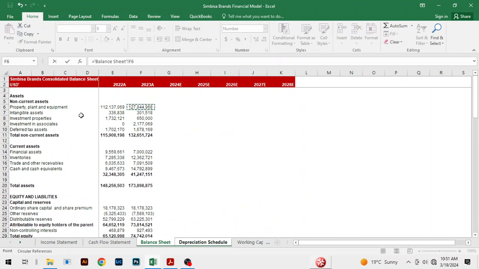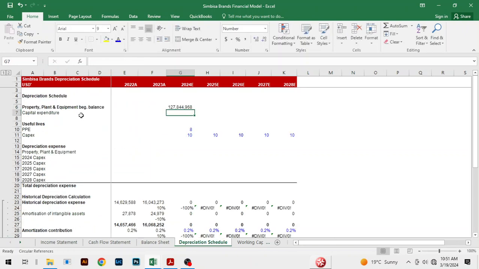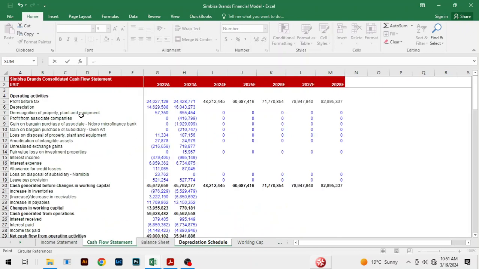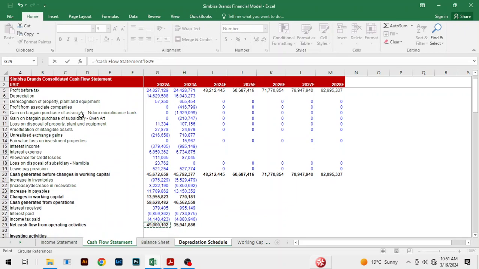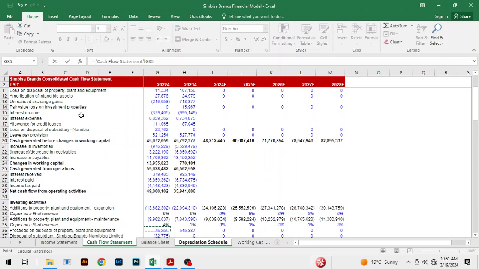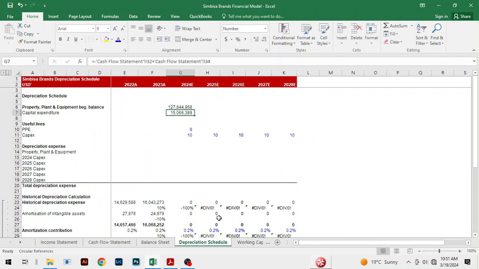So here I'll select that, and on capex I'll put it negative here, and then I'll go to the cash flow statement and choose this plus this. Okay, and then copy that to the right.